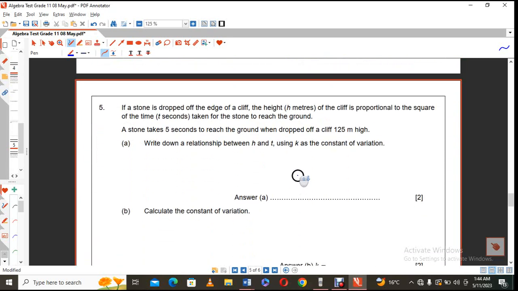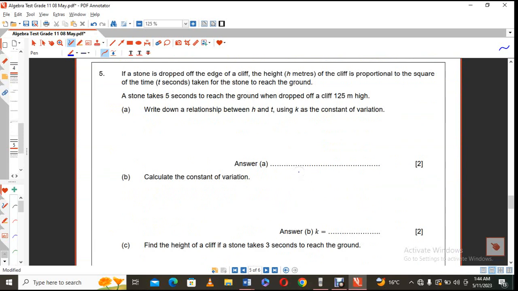Right, it brings me to question 5, so I'm bringing in a little bit of variation or proportion in this question. Something worth mentioning, you don't need to know the physics behind what is happening in the story here. The most important phrase is this: proportional to means you're dealing with direct proportion.